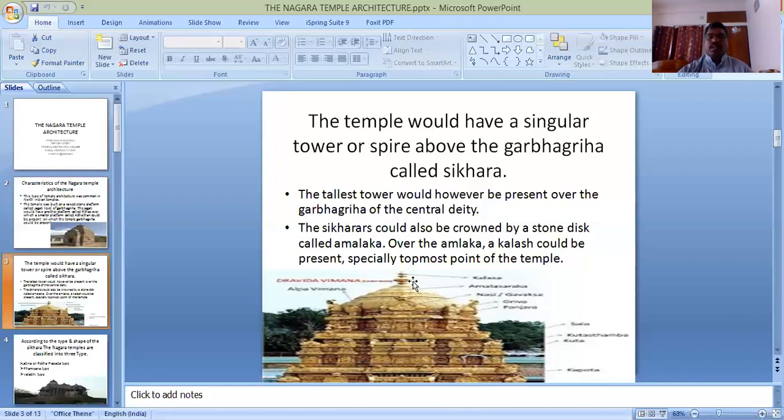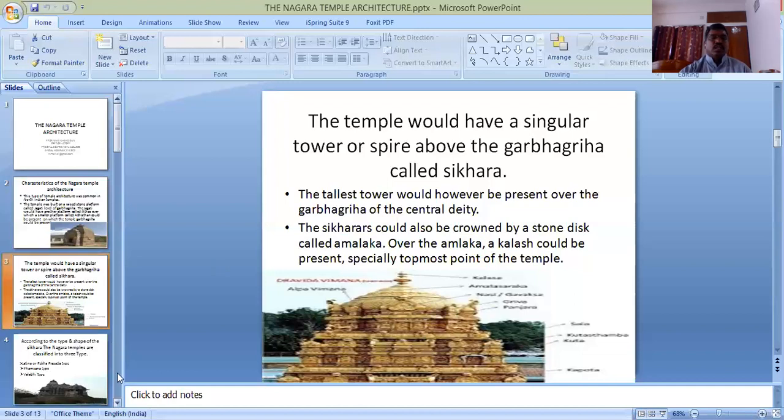So the garbhagriha, shikhara, amalak and the colossus were related with the Nagara temple architecture, and the tallest tower from the garbhagriha is known to us as a shikhara.